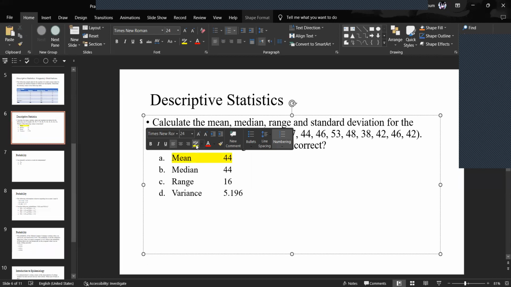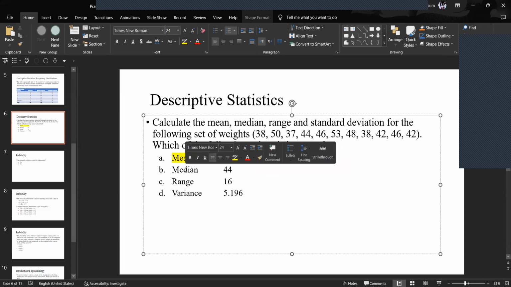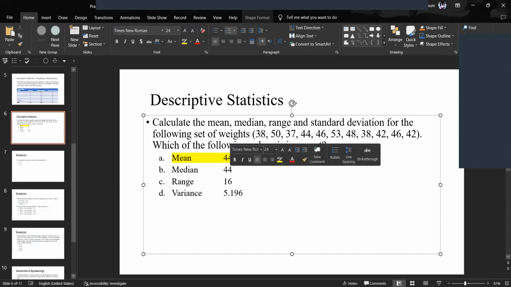And because I'm kind of tired, I'm not going to go through the others, but to explain how to do it, for the median, what you want to do is line them up in order from smallest to largest. So in this case, you'd start with 38, 38. And then what you do is you start crossing out from the edges.